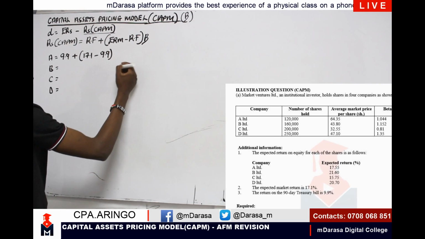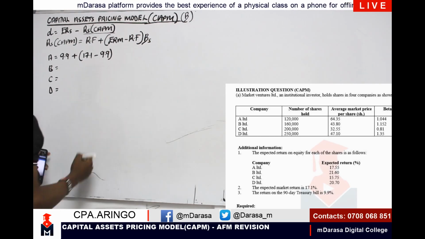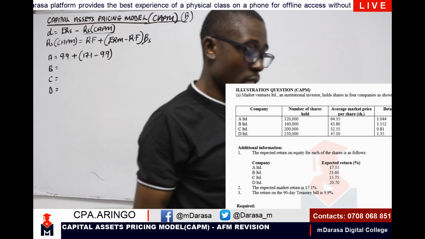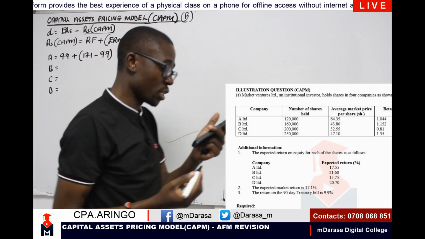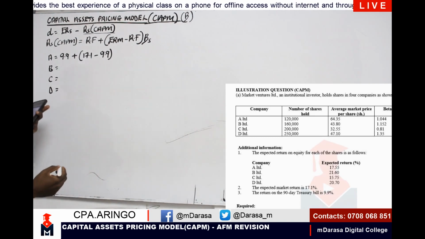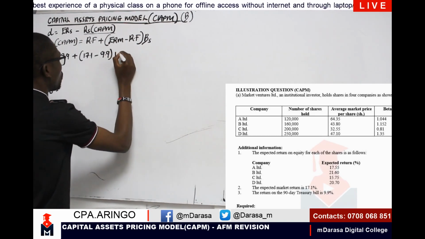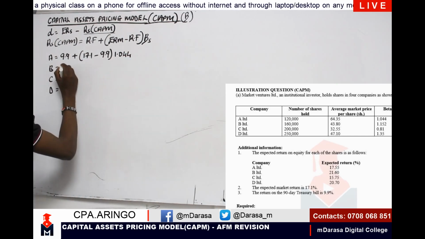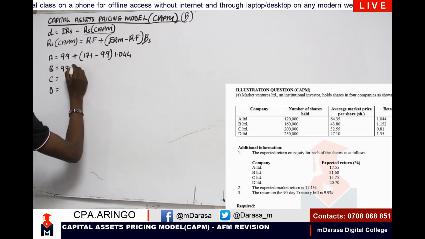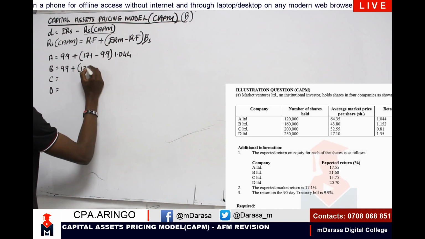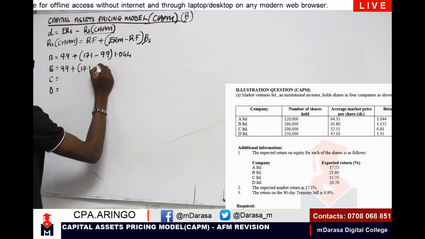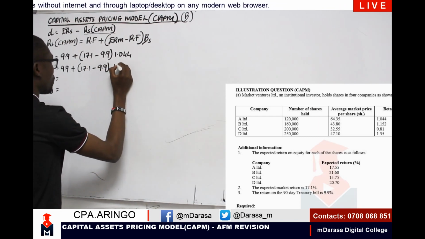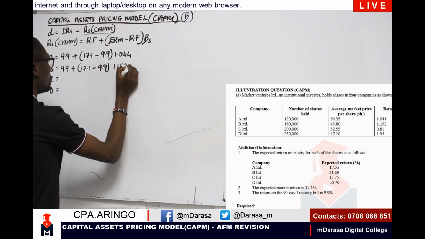We need to multiply by the beta of our investment or security here. The beta coefficient of security or investment A, I'm having 1.044, right? The same procedure, I'd be having here 9.9 plus the expected return of the market times the beta of investment B, which is 1.152, right?